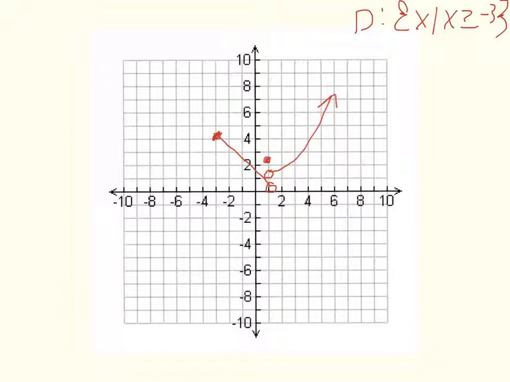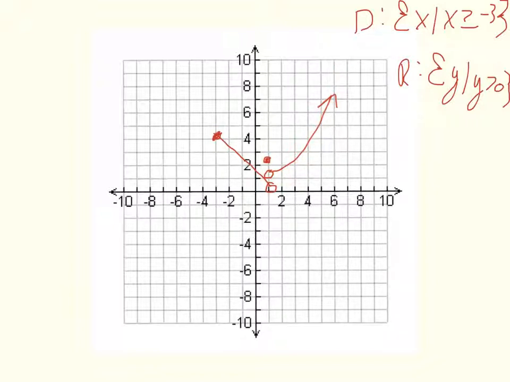The range, however, is a little different. I'm going to say y such that y has to be greater than 0. Not greater than or equal to because it's an open circle down here. So, although this one doesn't continue on forever, this one does continue on forever in the y direction.